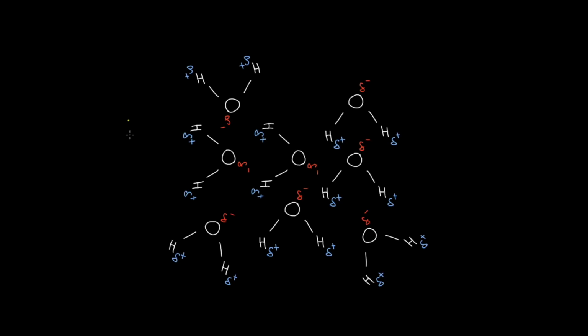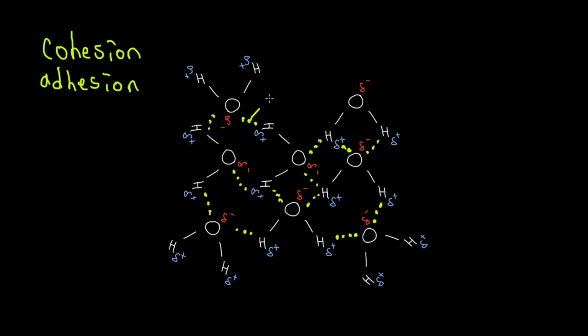Now, as you can see, when we have plenty of these water molecules, they're going to create cohesion and adhesion, meaning that they're going to stick together due to their partial positive and negative charges. So the partially negative oxygens are going to have an attraction to the partially positive hydrogens. Now, the bonds that I have created here in yellow are called hydrogen bonds.